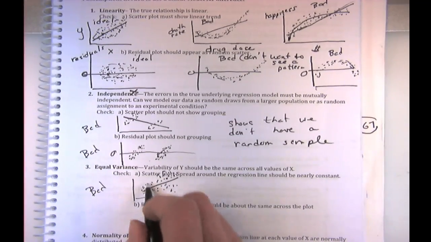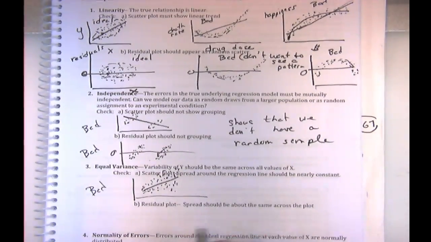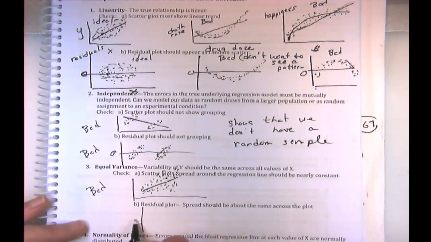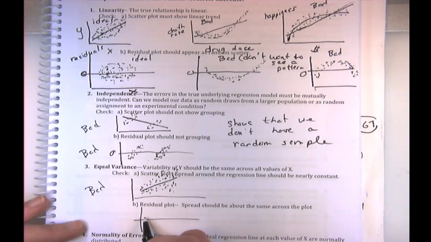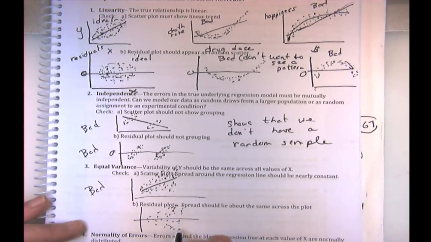Do you see what I mean? Like small errors there, but then big errors here. So you'd see this fan-shaped pattern, like that. You see that a lot. And what's wrong with that?